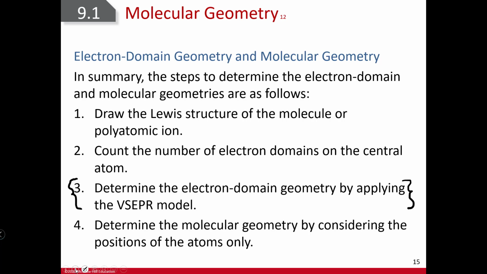In order to get the correct molecular geometry, you must first get the electron domain geometry. I find students try to go directly to the molecular geometry without going through the electron domain geometry, and they inevitably get the wrong answer.